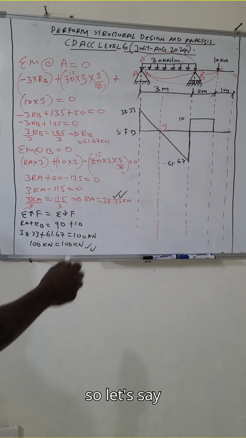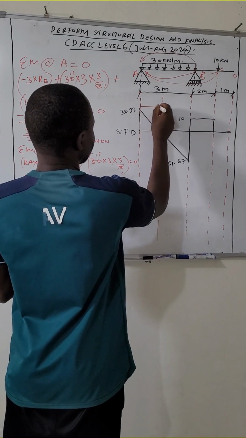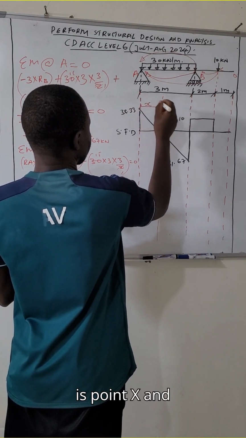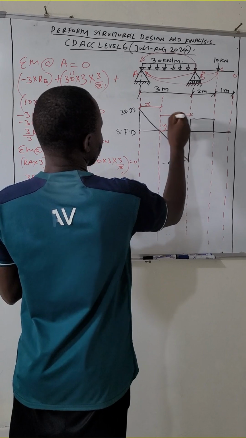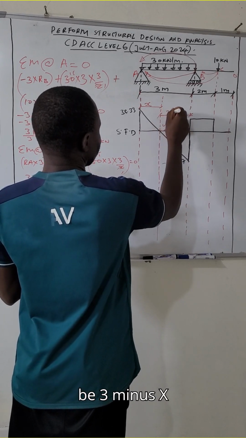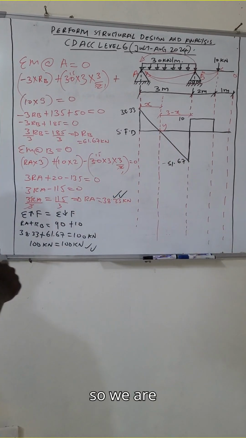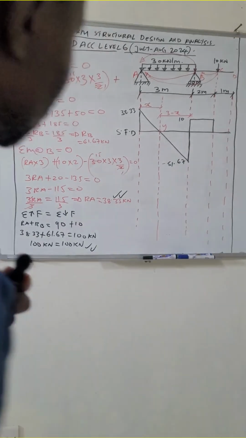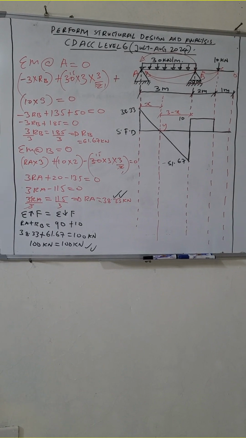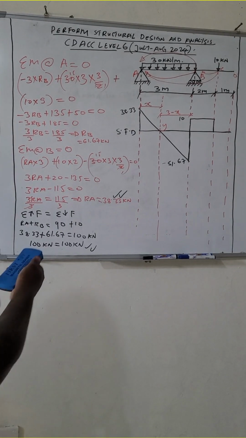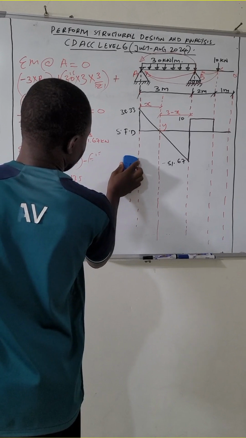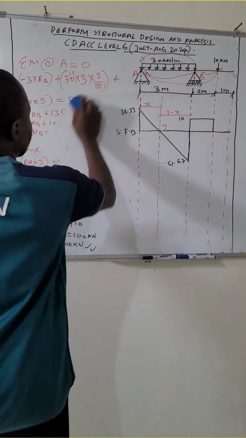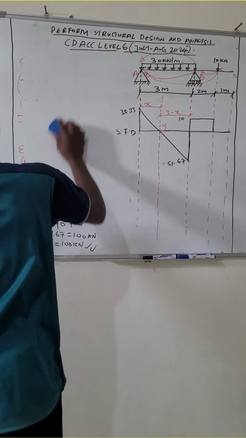So let's say this is point X, and this one will be 3 minus X. We are supposed to calculate the distance X, because it will help us to calculate the maximum bending moment.